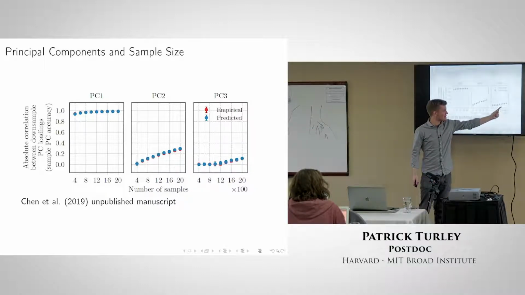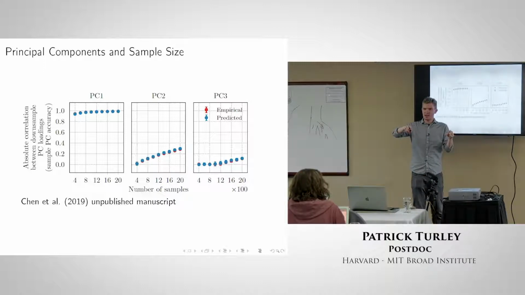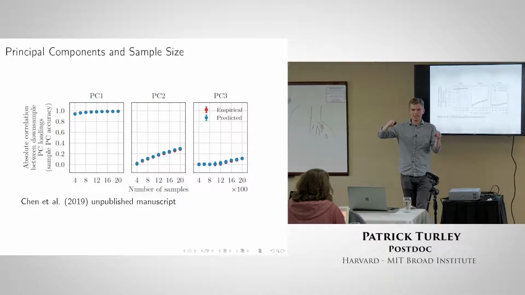And the third PC, you can see it's pretty small even in the larger sample, and down here it's close to 0. And an interesting point that they point out in this paper that I think is fascinating is that these aren't approximately 0, these are exactly 0. So PCs have a phase transition: until you have a large enough sample size, the correlation of your observed PC and the true PC is exactly 0. It adds exactly no information.